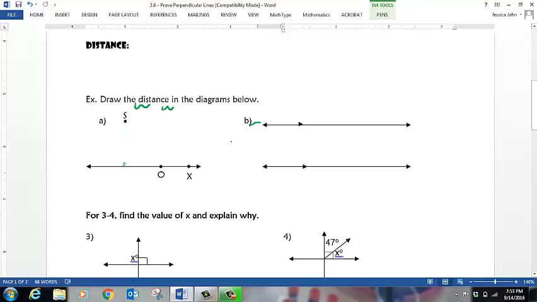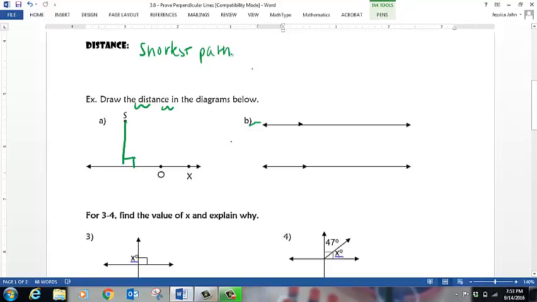what we want to do is drop a line that's going to be perpendicular. So drop your segment from point S to your line that's going to be perpendicular to line OX. The reason why we do that is because when we are looking for distance, we always want the shortest path possible.